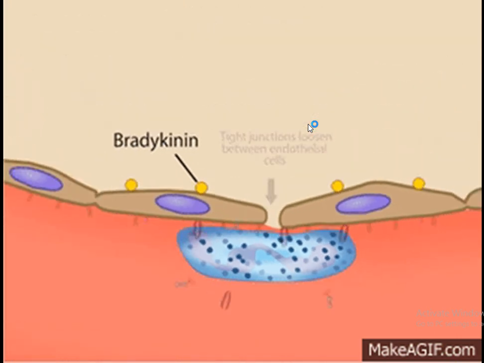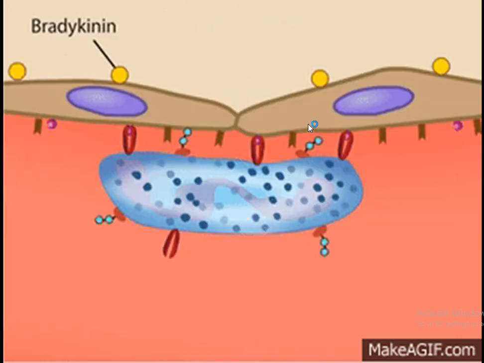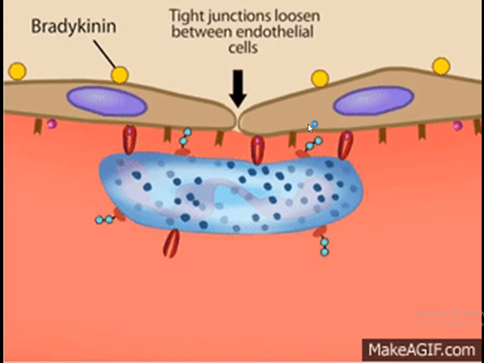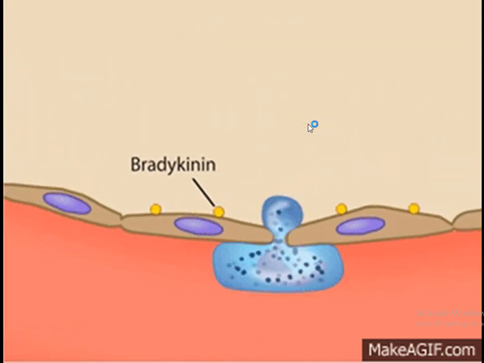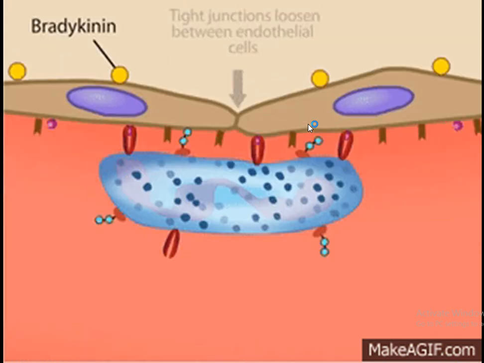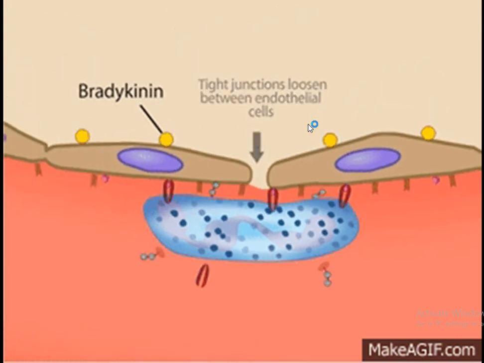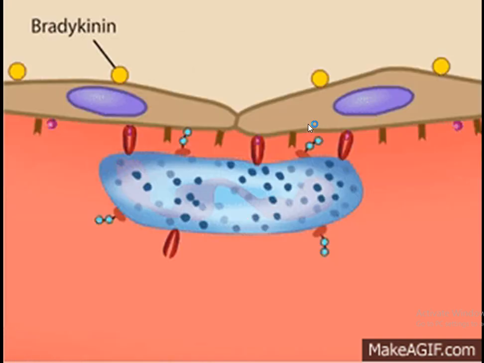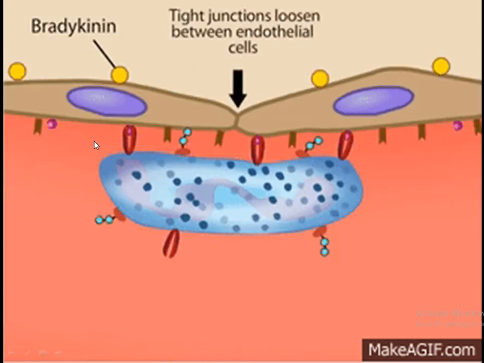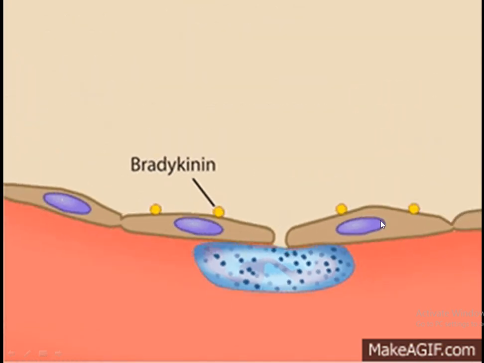Now, at this stage, one more thing should be noticed, that I have already told you that neutrophils and all other blood cells are circulating inside the blood vessel in the central portion. Before they come out of the blood vessel, they have to be arranged, or they have to line up along the blood vessel wall.